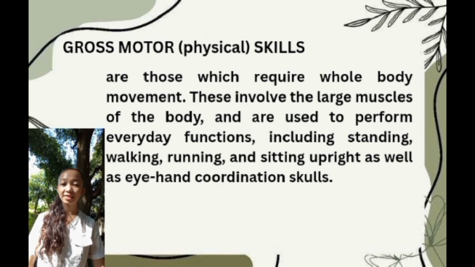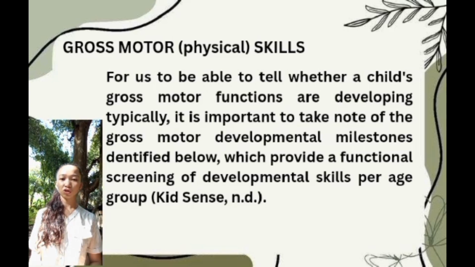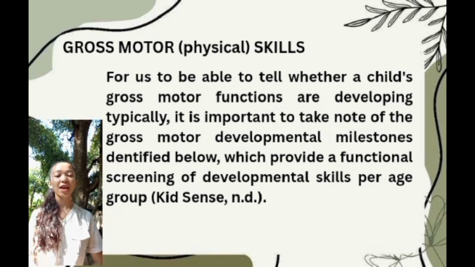For us to be able to tell whether a child's gross motor functions are developing typically, it is important to take note of the gross motor developmental milestones identified below, which will be discussed by the next reporter. They provide a functional screening of developmental skills per age group according to Kids Sense ND.